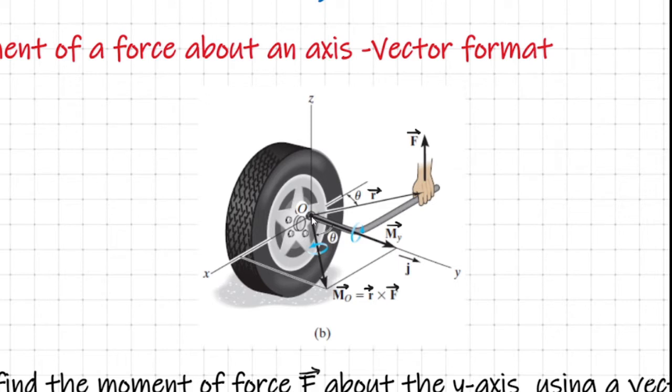Then we compute the moment of this applied force F about this point O, which is on this axis Y. Obviously we know that this computed moment at the point O due to the applied force F will be vector MO is equal to R cross F, where R is the position vector drawn from the point O selected on the y-axis onto any point on the line of action of the force F.